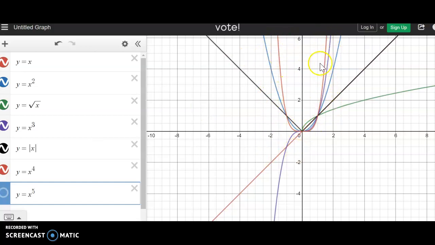The end behavior is up in both ends, right? The limit is positive infinity in both directions as x approaches infinity and negative infinity. X to the fifth, we end up again with this: as x approaches negative infinity, y approaches negative infinity. As x approaches infinity, y approaches infinity.